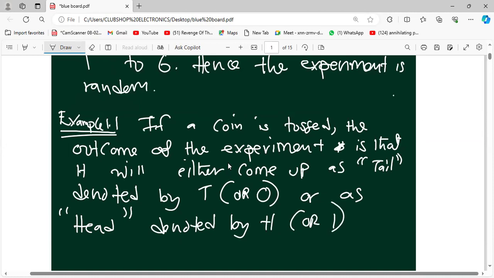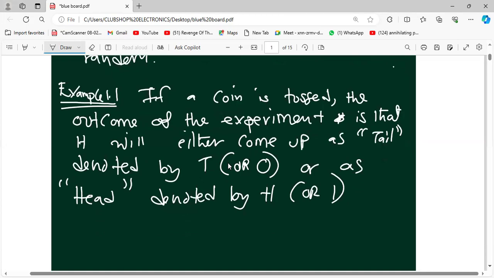When you toss a coin, it will either be a head or a tail. Head is denoted by H or 1, tail is denoted by T or 0. Any of these can happen, isn't it? We're not sure. That is a random experiment.